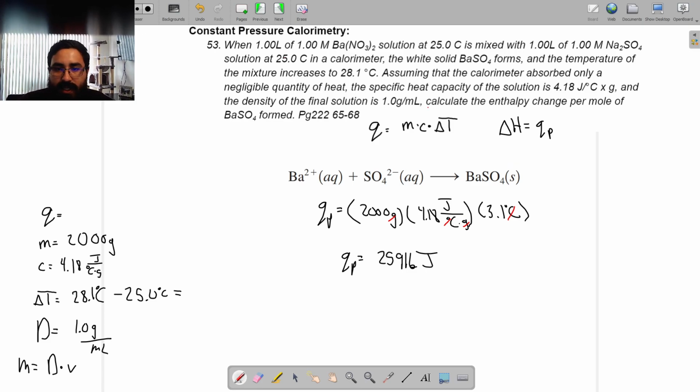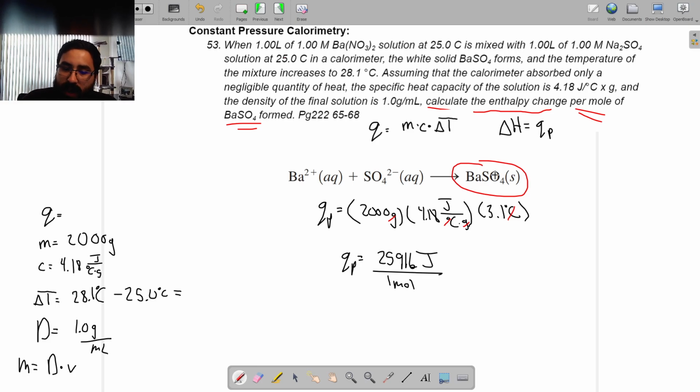But it says calculate the enthalpy change per mole of BaSO4. So what you have to do is see how many moles of BaSO4 we made. In this problem, we made 1 mole of BaSO4. So we can divide this by 1 mole because we had 1 mole. If we had made 2 moles, we'd put a 2. If we had made 3 moles, we'd put a 3.